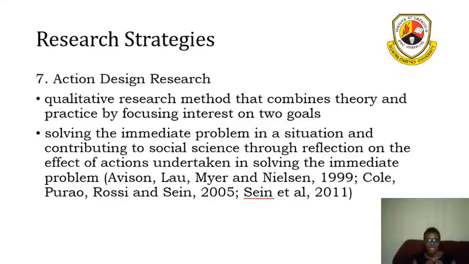Here the scientist designs an artifact, puts it in the context, determines its validity in the context, then makes changes based on the practitioners. So this is another method that can be used by IT students.